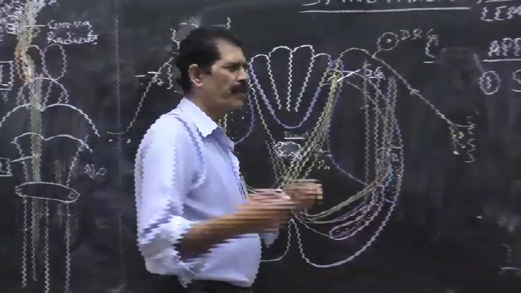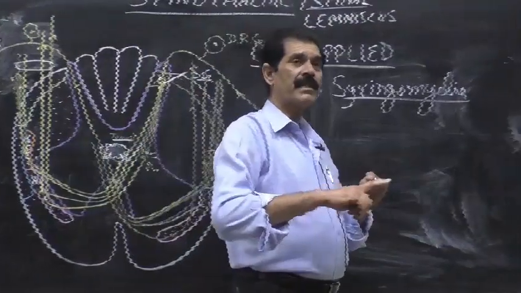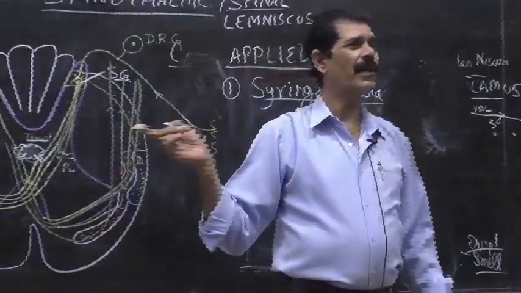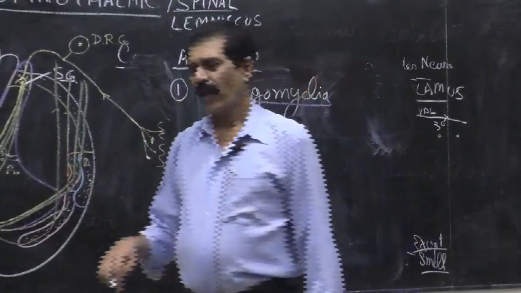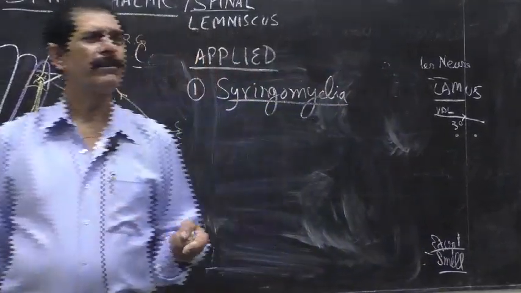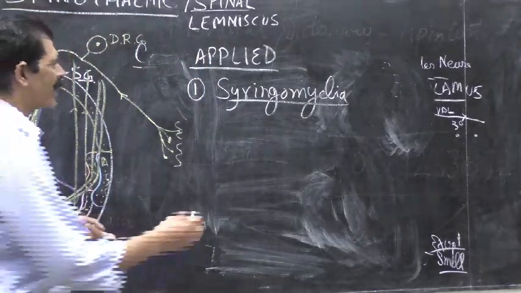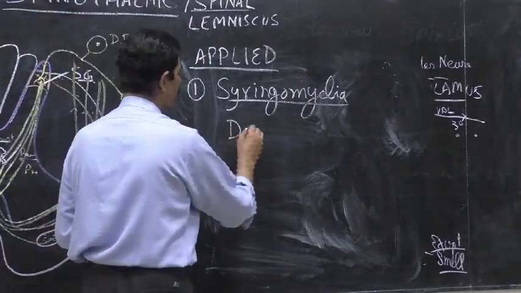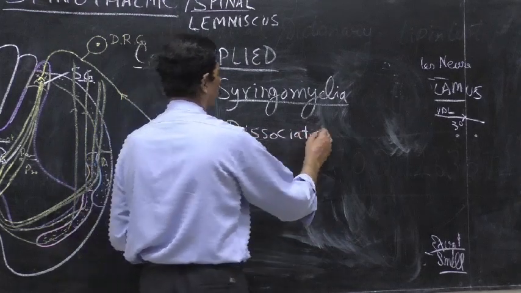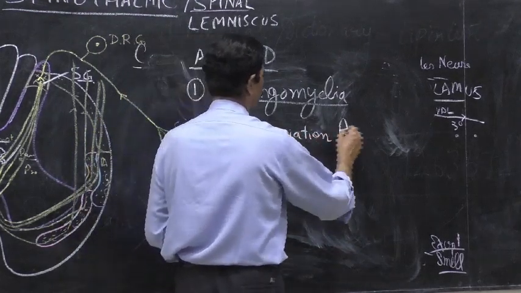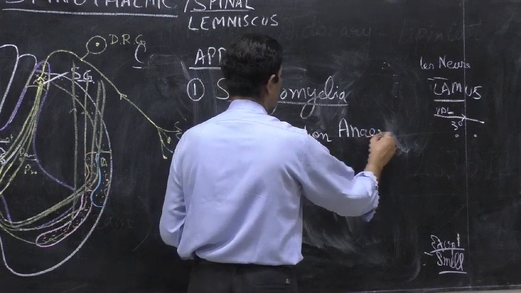It means there is a loss of pain. It means the second type of fibers are now involved in syringomyelia. So every time the patient comes with a different complaint. So this is also called dissociation anesthesia.